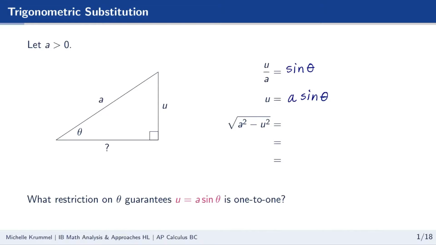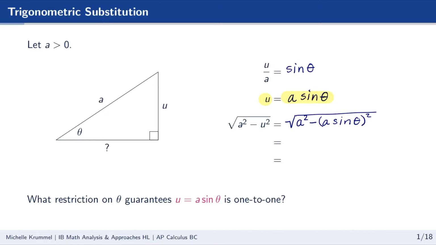Let's make a substitution based on how we've defined A and U. So the square root of A squared minus U squared is equal to the square root of A squared minus, I'm going to substitute A sine theta in for the U. So here we've got A sine theta is equal to U, so we can make a substitution there. So it's A sine theta squared.